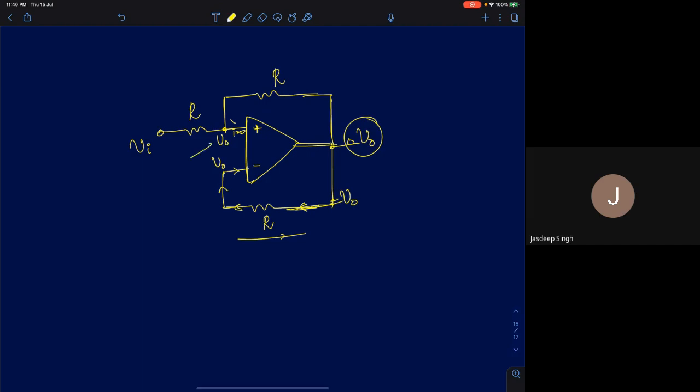So this is at V0, and this here is at V0, so the current flowing through this resistor is also 0. Since the current flowing through this resistor is 0, the current flowing through this resistor will also be 0. Therefore, I can say V0 is equal to Vi. So this circuit actually behaves like a voltage follower.